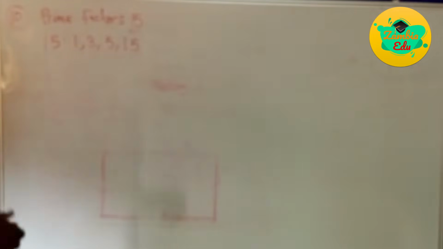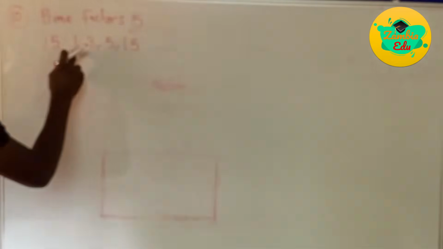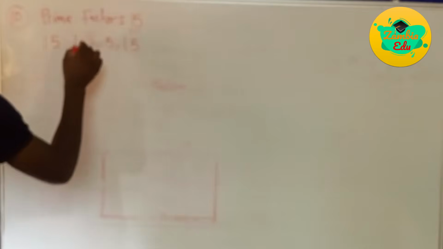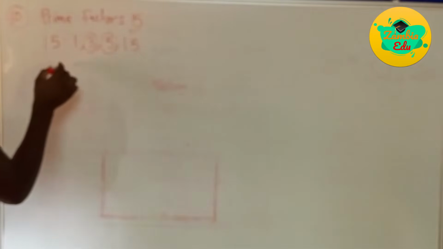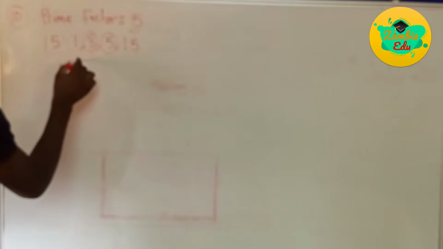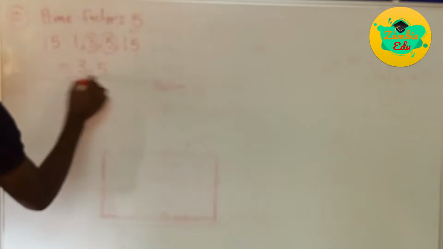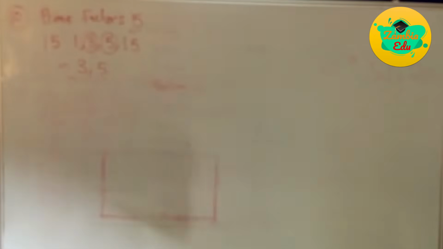So if we talk about prime factors, we are talking about factors of a given number which are prime numbers. So the prime numbers out of the factors which we have are 3 and 5. So our answer is 3 and 5.